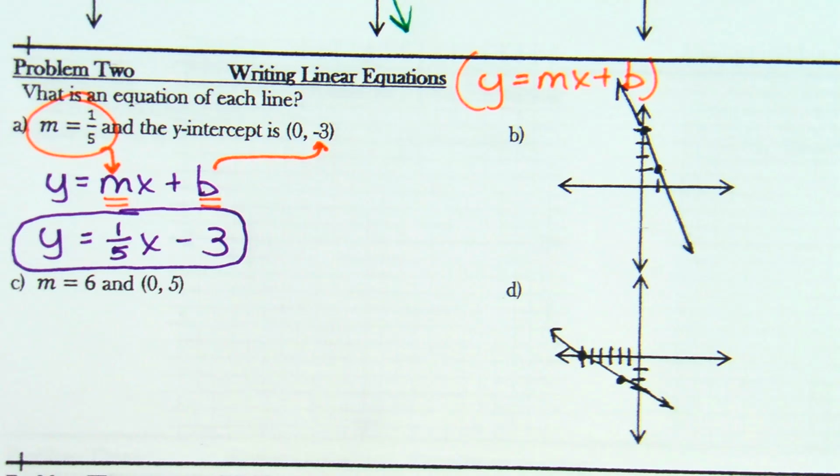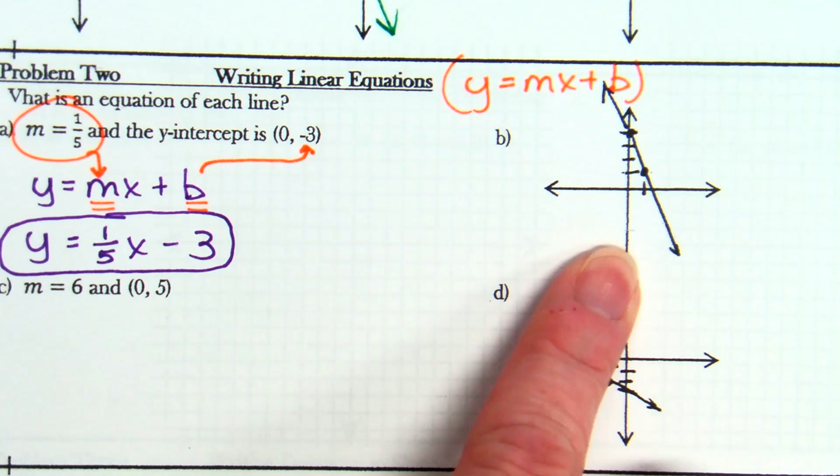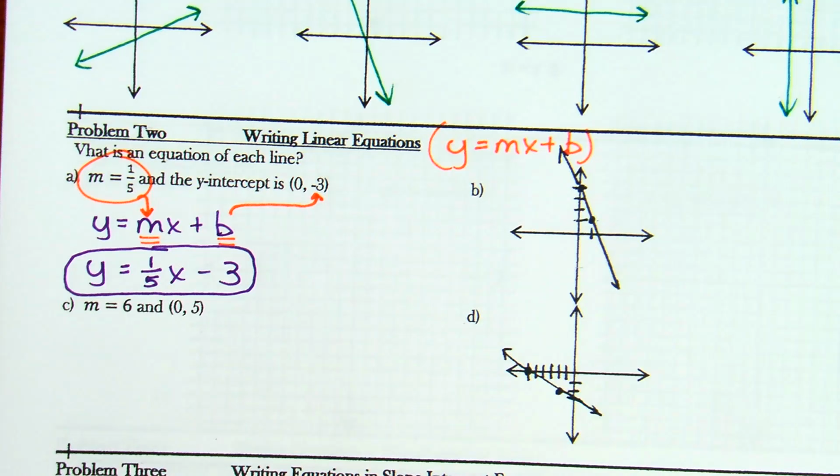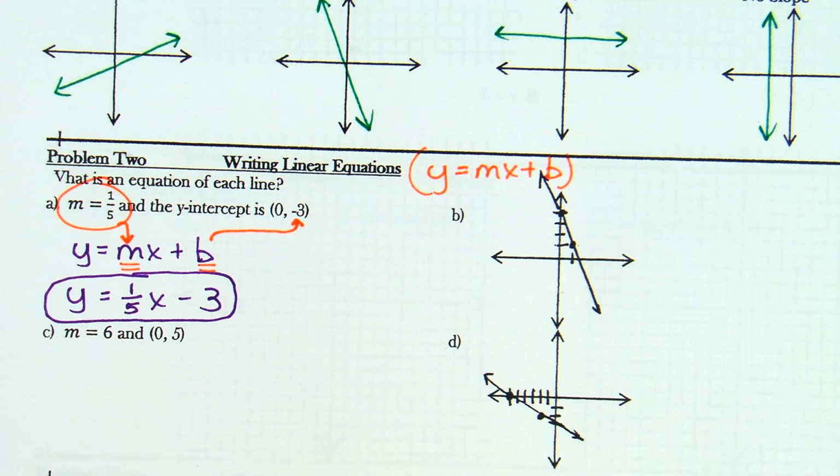As opposed to that, let's look at graph B over here. As we look at graph B, I want y equals mx plus b. What do we need to find to fill in y equals mx plus b? Gonna have to find, obviously two things, but m and b.